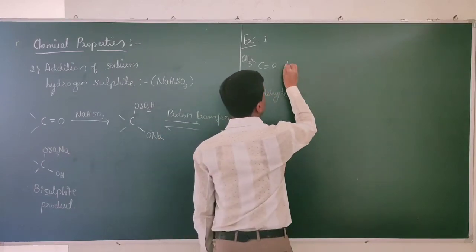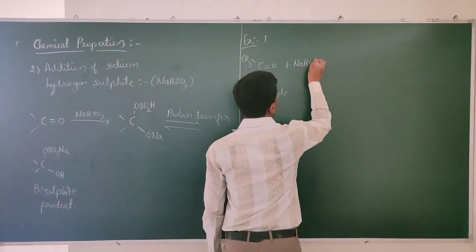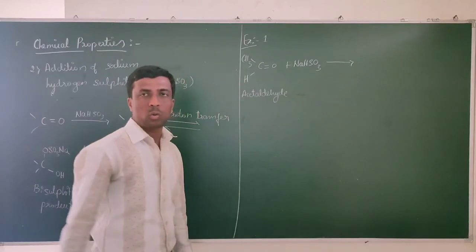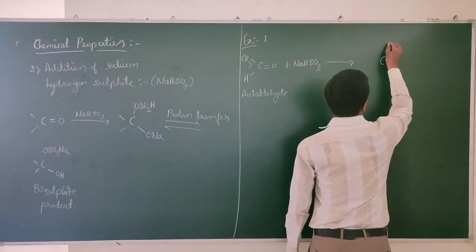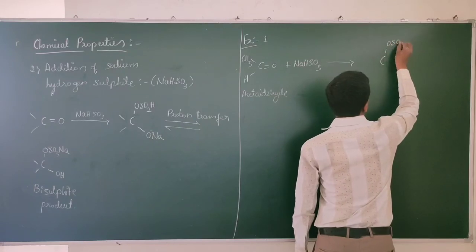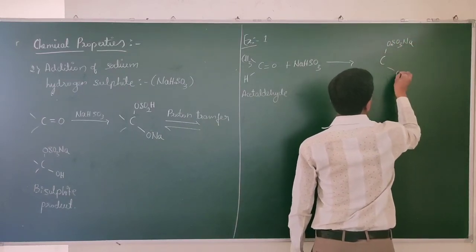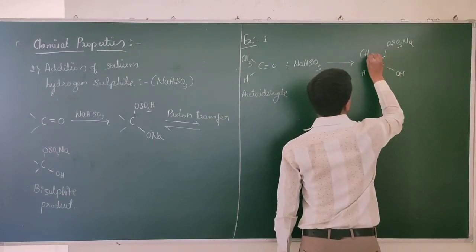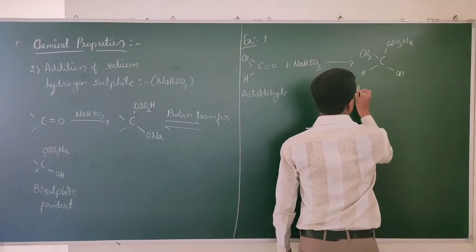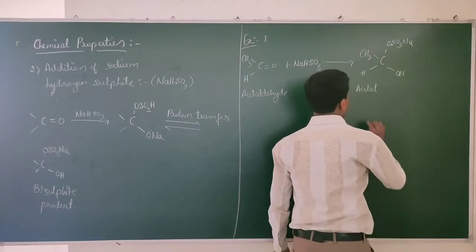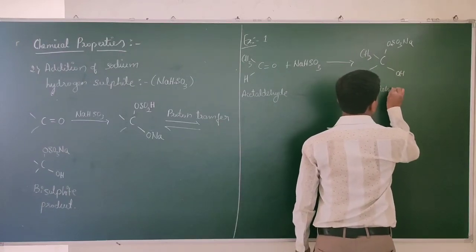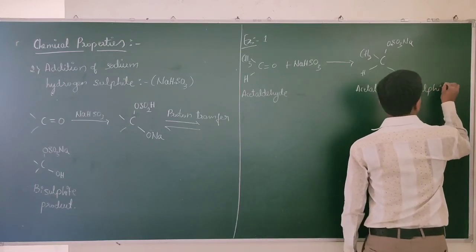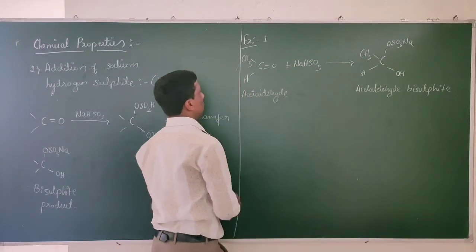When acetaldehyde reacts with sodium bisulfite, what happens? Directly write the product. Acetaldehyde bisulfite is formed. Take one more example.